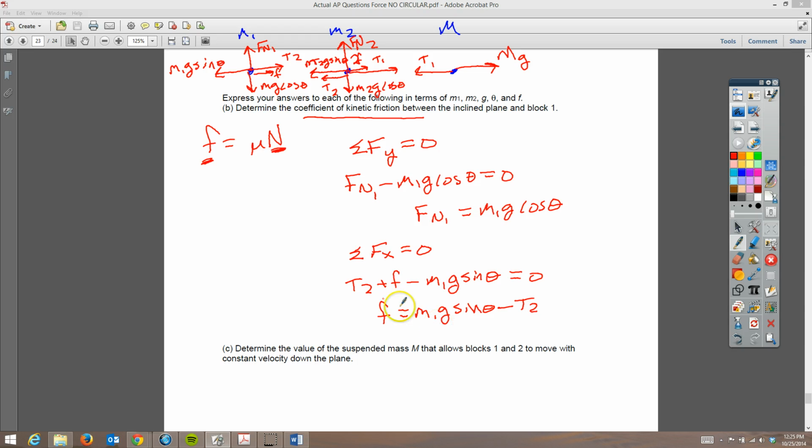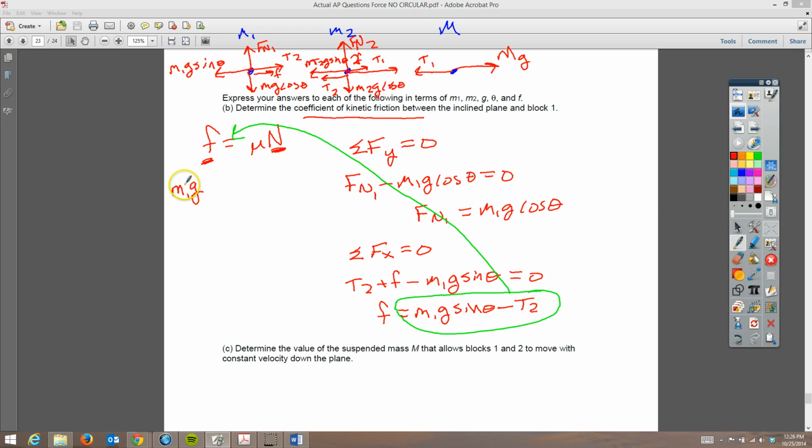At this point, we can go ahead and plug everything in to our equation. Oops, this is F, so I actually want M1G. So here we go, M1G. We're just taking what we have right here for F, and we're going to plug it into F right there.